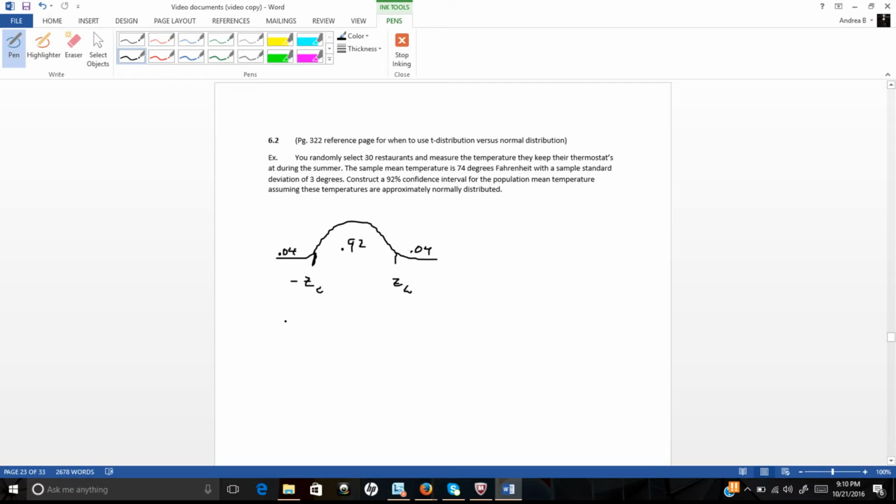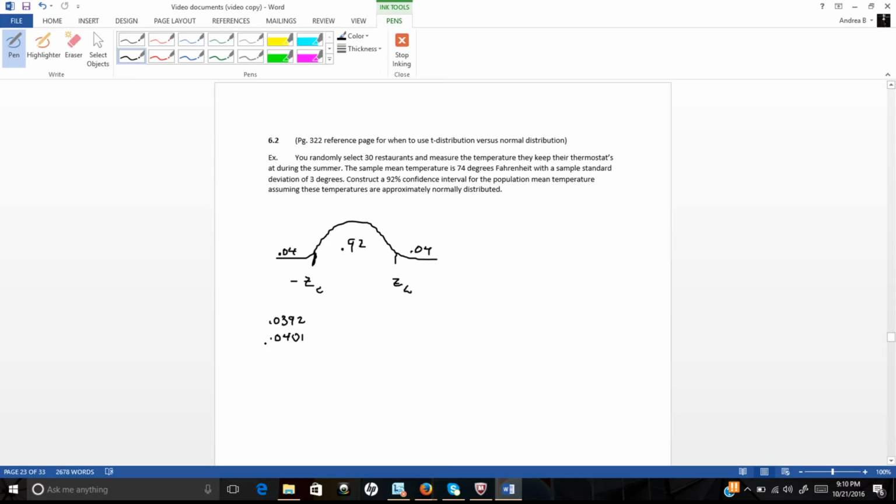In this case, there's one that says 0.0392, which is close to that. There's another one that says 0.0401. In that middle part, those are the two that are closest to 0.04.